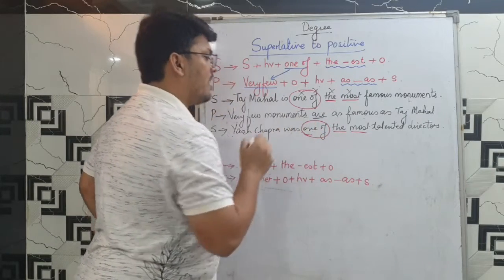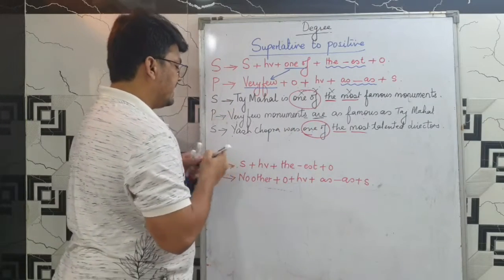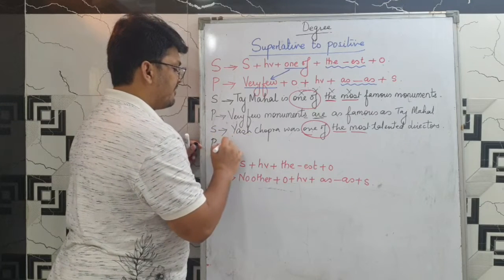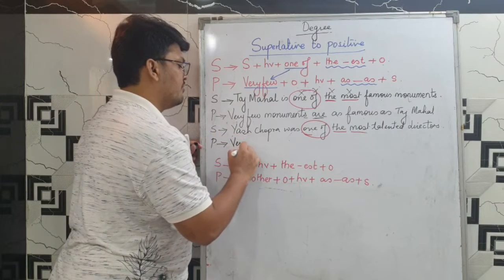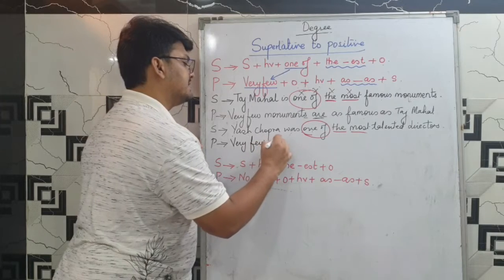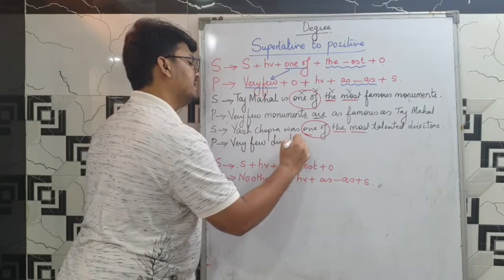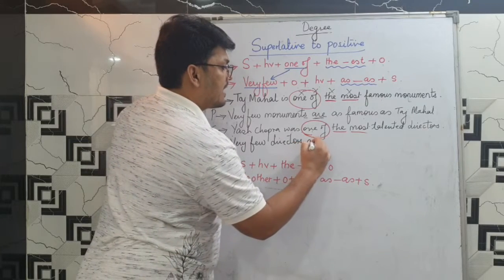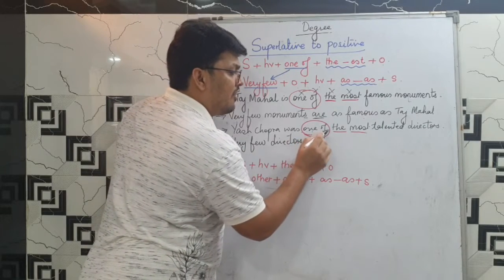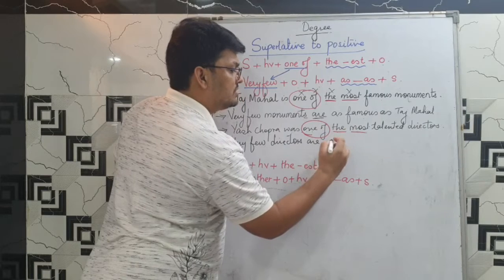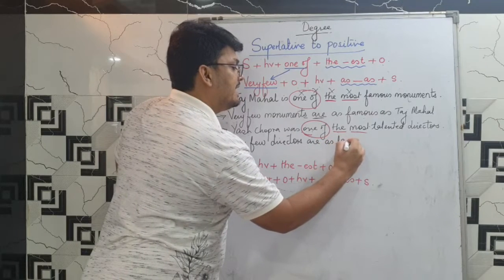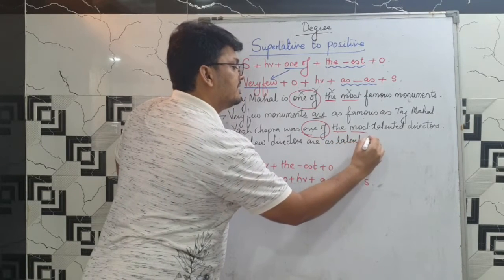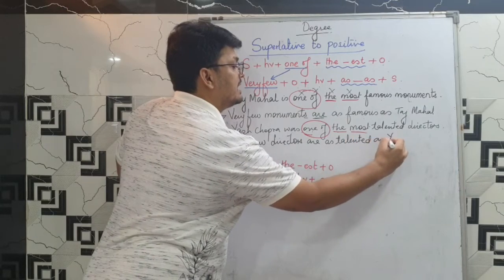So when you see one of, start the positive degree with very few. So, very few directors. Very few directors are. Remove one, remove of, remove the, remove most. Very few directors are as talented as Yash Chopra.